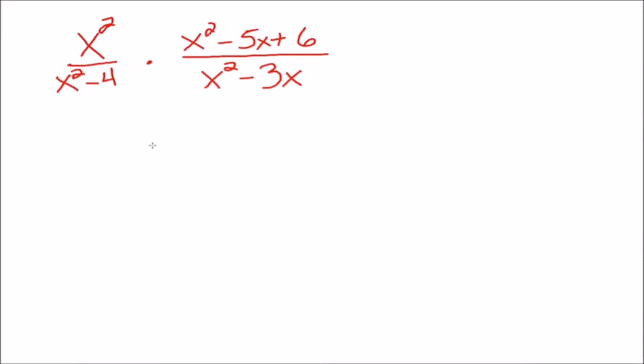So I think it's a good idea to factor everything. Factor all your numerators, all your denominators. Let's see what happens. Alright, so x squared, about as far as we can go. We don't need to write that as x times x. But x squared minus 4, that's the difference of two squares. So we can write that as x minus 2 times x plus 2.